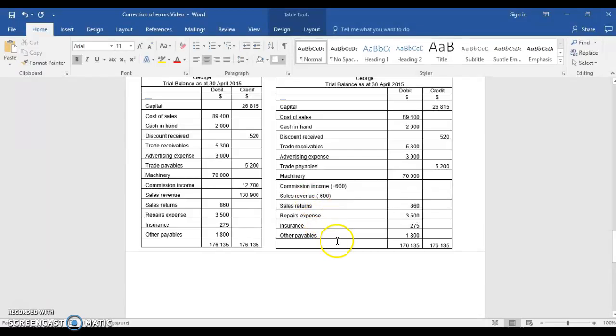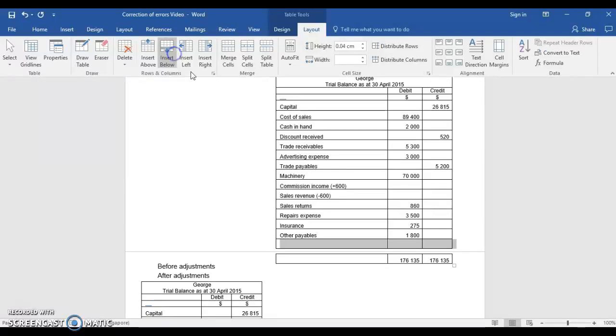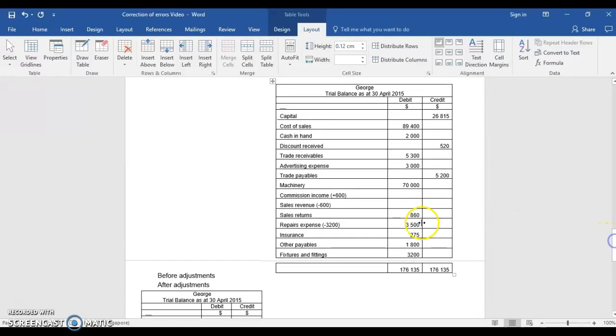Now we don't have fixtures and fittings, so we're going to introduce another account called fixtures and fittings of 3,200, and the other one is repairs expense, sorry. We're going to minus 3,200. Okay, so this will be deleted.